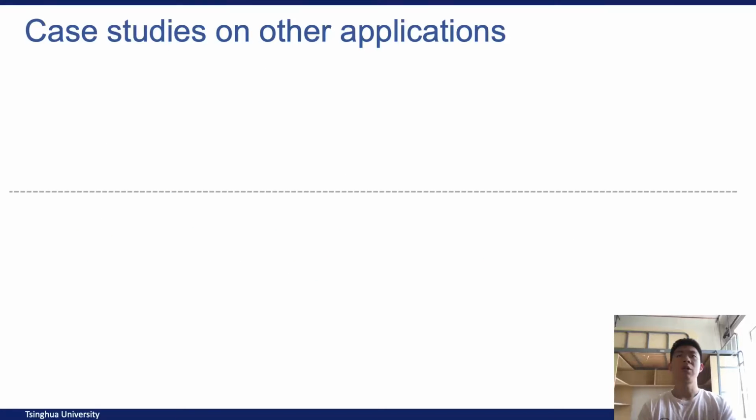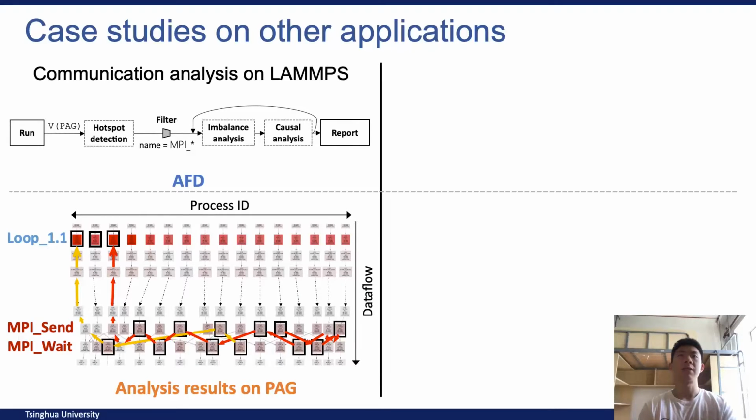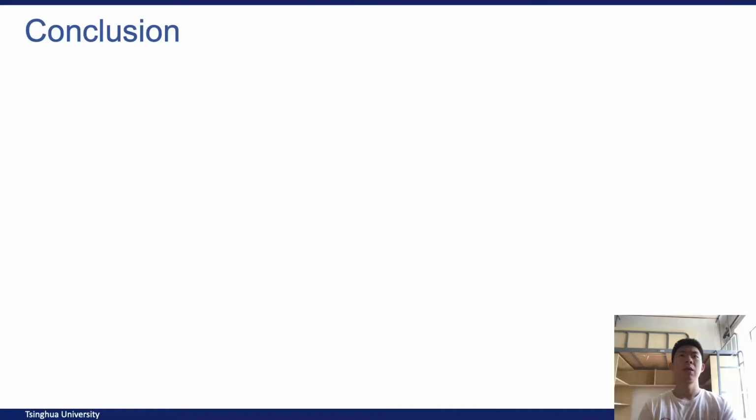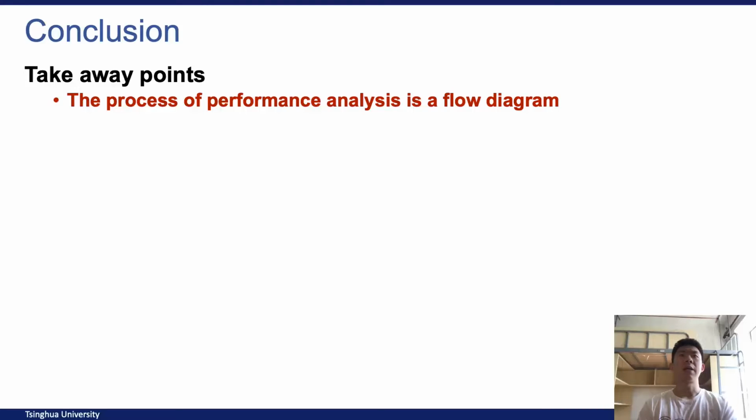We also perform different analysis tasks on other applications. For example, communication analysis on LAMMPS and contention detection on Vite. In conclusion, we have a core idea in this work. The process of performance analysis is a flow diagram.